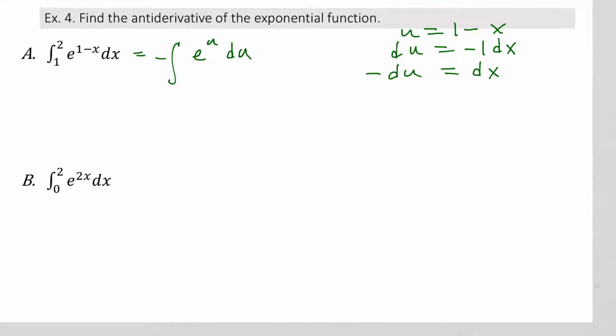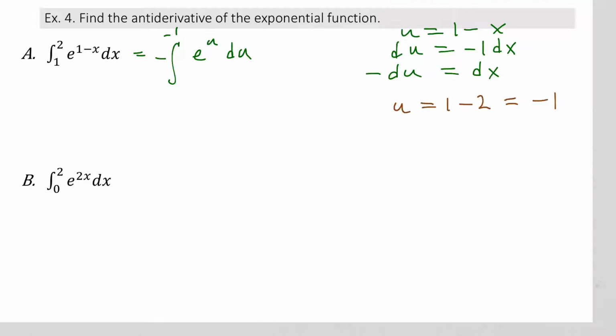Alright, now let's deal with the limits of integration. When the top number is 2, I want to take that 2, put it in here for x, and solve for u in terms of x. So I get u is equal to 1 minus 2. That's -1. So -1 goes on the upper limit of integration.